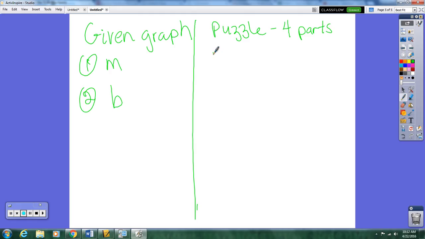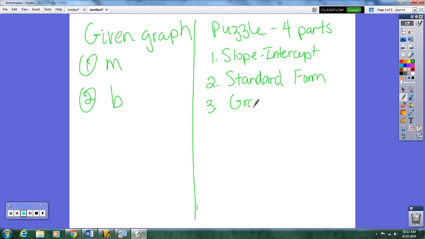There will be a slope intercept, a standard form, a graph, and a point slope. There's going to be 4 parts to every puzzle. And it could be a graph or a table.